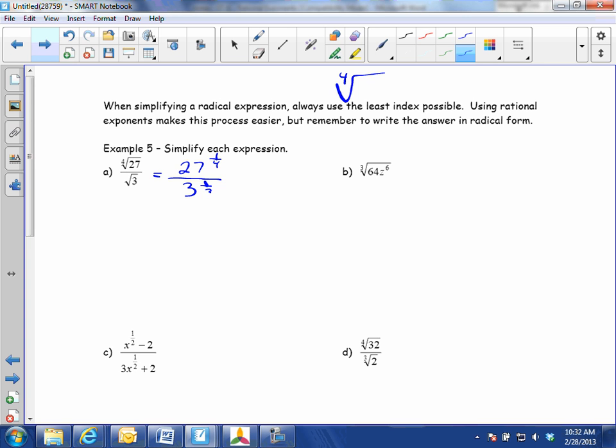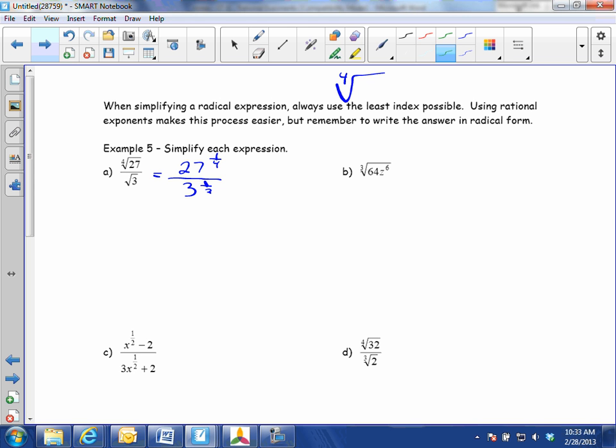Okay, so remember with our exponent rules, since we're dividing, we're going to subtract the exponents. However, we can only do that when our bases are the same. Bases are not the same, so we have a 27 and a 3. So how can we get the bases to be the same? Let's think.